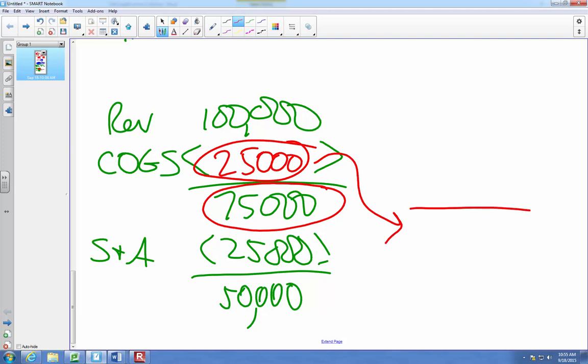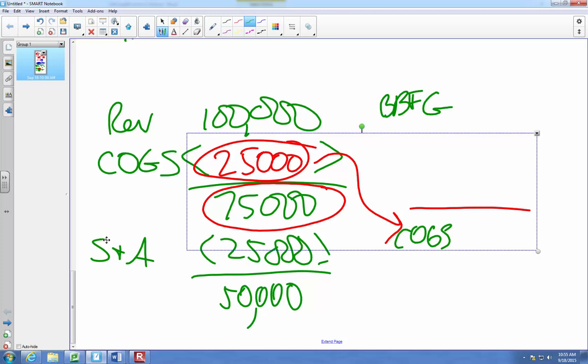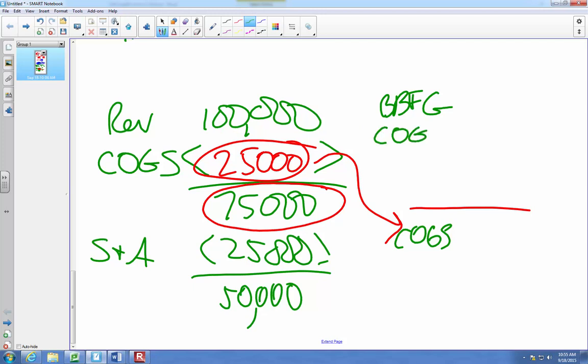Okay, great. Now that's going to go over to my other model. What does that model look like where I get COGS? Beginning finished goods. Do I have that number? No, that's what we're figuring out. Okay, beginning balance finished goods plus cost of goods manufactured. I got that number, 30,000.